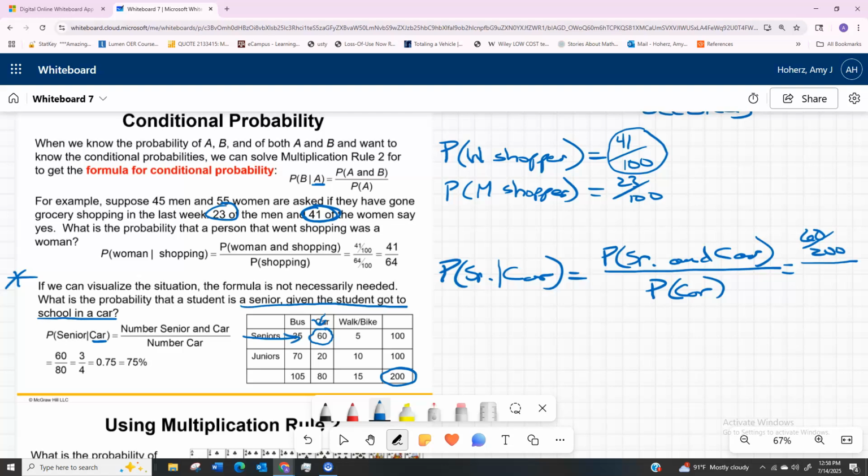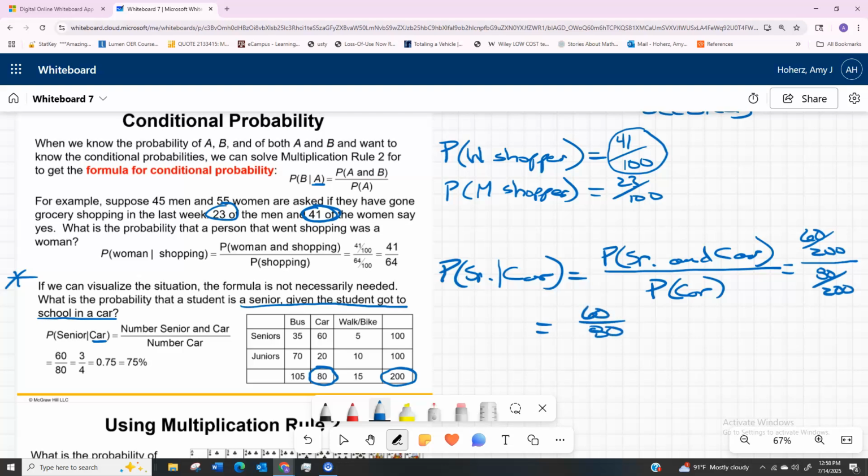So senior and car. Now we're going to look at the bottom, which is the probability that they rode in a car. That is all the car riders, which is 80 out of 200. So if we divide that, we know the 200s are going to cancel, and we'll end up with 60 out of 80.